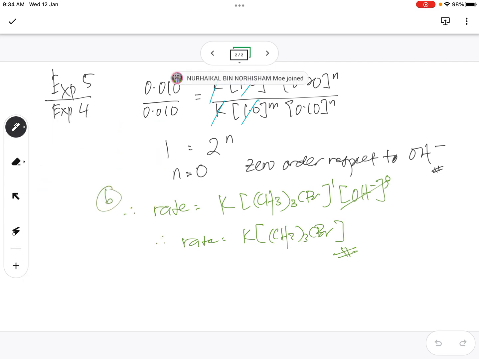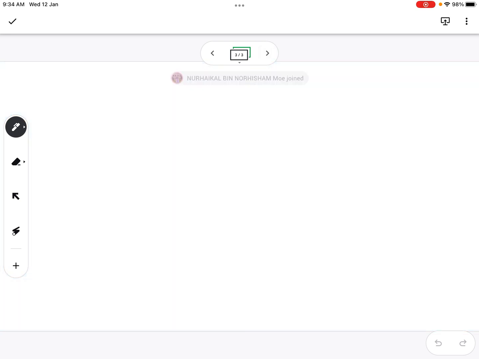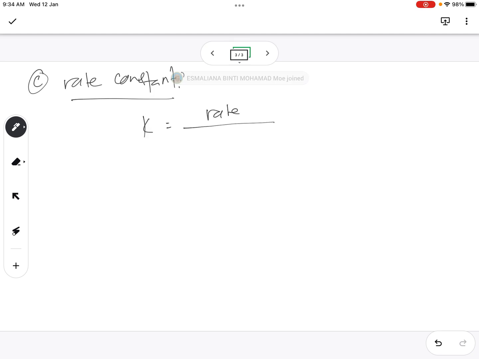Finally, next slide. We want to calculate C, that is the rate constant. We take the general formula from just now. So k equals rate divided by (CH3)3CBr. You can substitute any experiment.